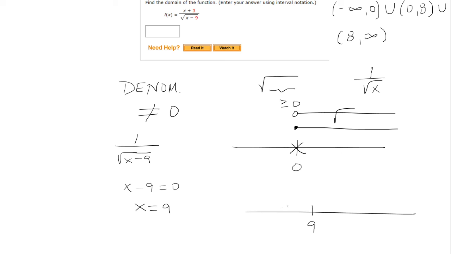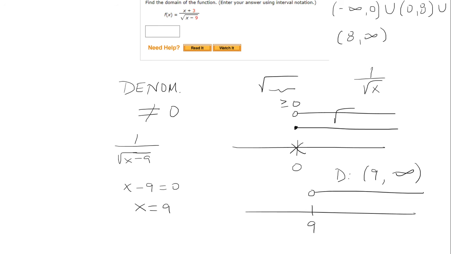If x equals 9, we'll be dividing by 0. That can also not happen. So it's going to be everything greater than 9. So the domain, well, we'll start from 9, because that's the leftmost point, and go all the way up to infinity.